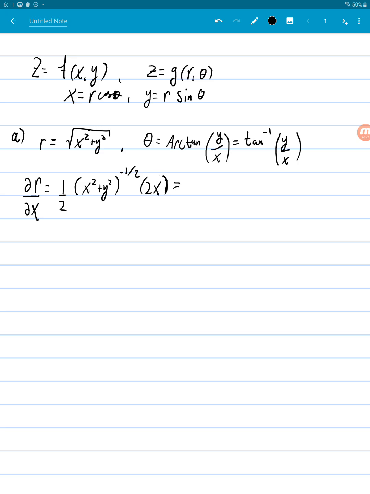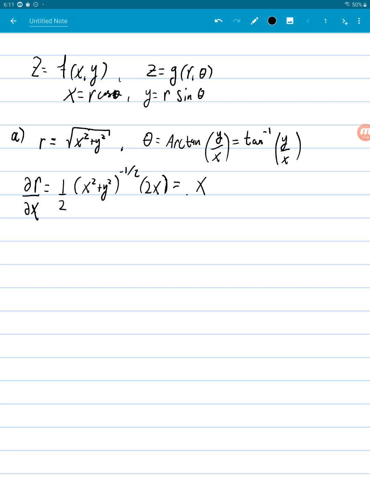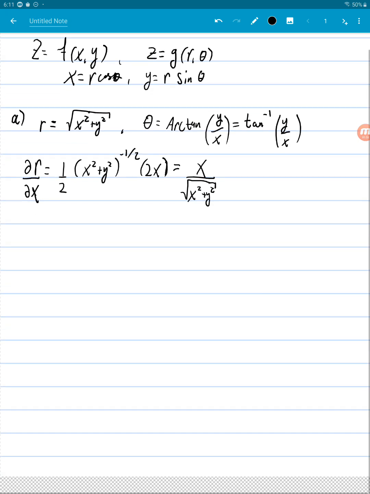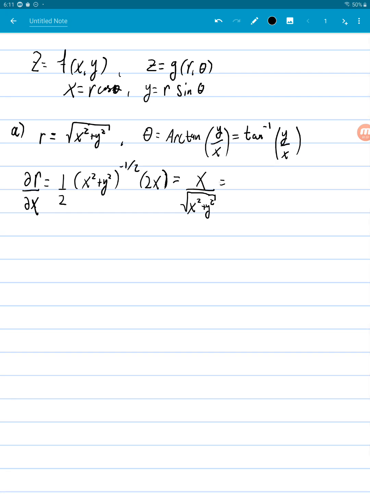Simplifying, it gives us x over the square root of x squared plus y squared. Going back to what we had above, r equals the square root of x squared plus y squared, and x is r cos theta. So we get r cos theta over r. So that means that dr by dx is going to be cos theta.